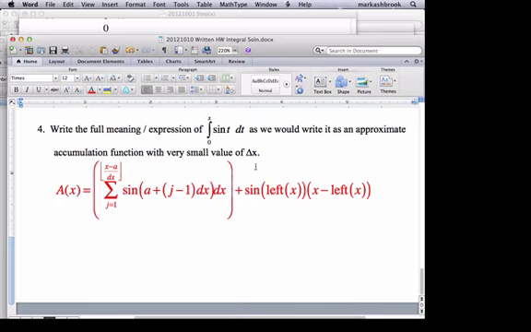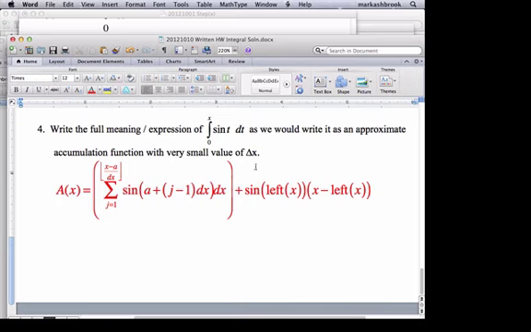Okay. Yeah, so here's the key: the expression as we would write it as an approximate accumulation function. So how did we write an approximate accumulation function? We built that long form, right? Kim, I also thought the meaning was a little bit vague when I wrote it out, so you might want to put both.